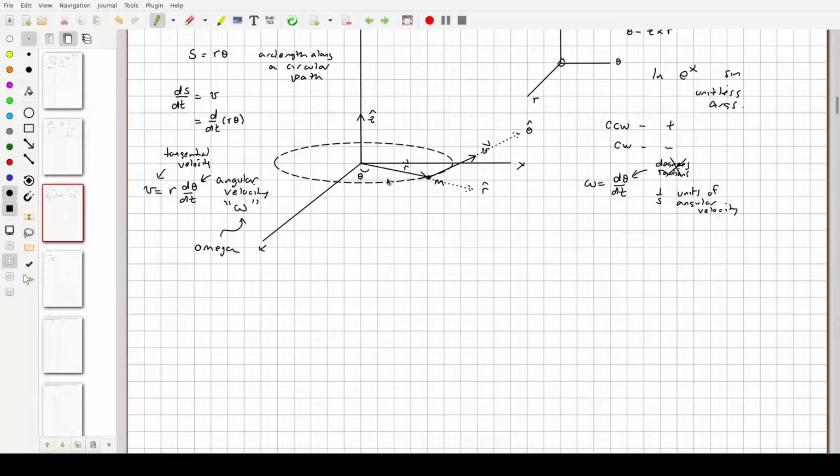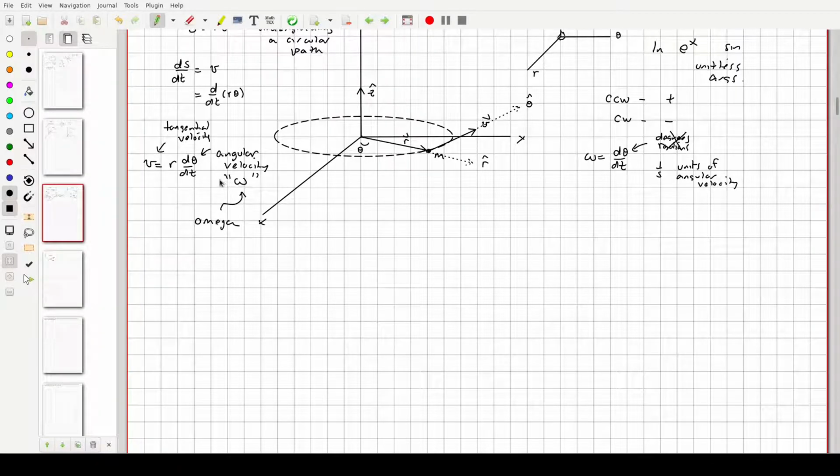All right. But we can also talk about acceleration, because we know acceleration is how your velocity changes with respect to time. And again, if you look at this right here, r again is constant, comes out.